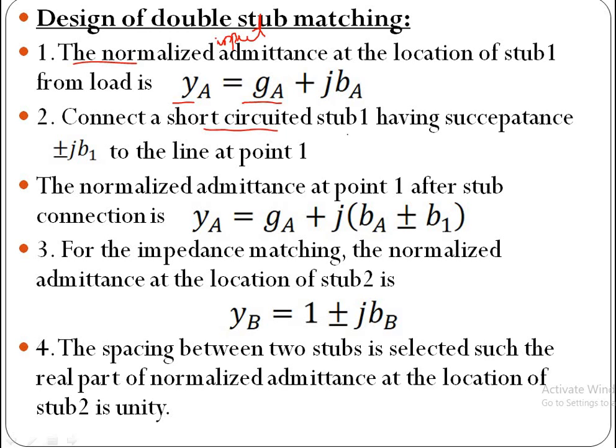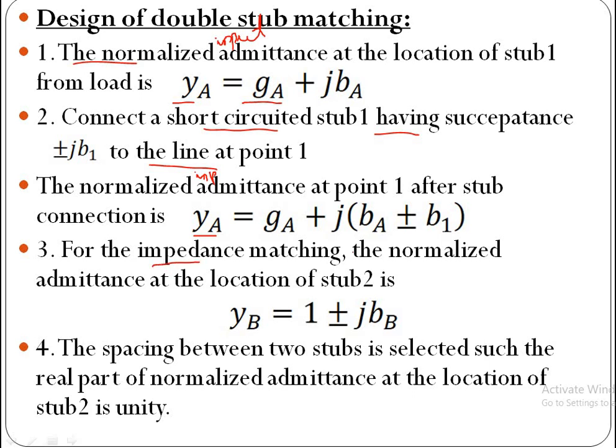Connect a short circuited stub 1 having susceptance plus or minus JB1 to the line at point 1. Now the normalized admittance at point 1 after stub 1 is connected, normalized admittance YA is equal to GA plus JBA plus or minus B1. So stub 1 susceptance is added.